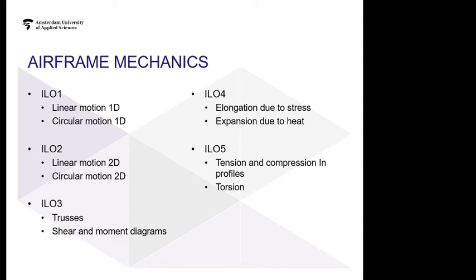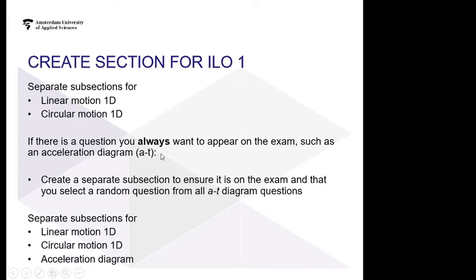When I create my question library, I will have to have separate subsections for each of these subtopics in this structure. For the first learning objective, I have subsections for linear motion and circular motion, but I always want to have a certain question appear on the exam, such as a question about an acceleration diagram.